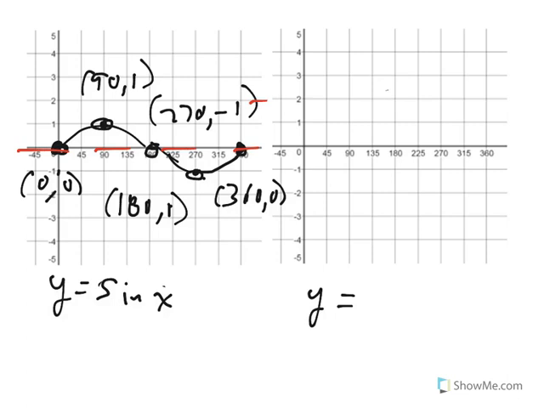And if it was sine x minus 2, the whole midline would move down by 2, and everything would go down along with it, so the peak would no longer be at 90, 1, but at 90, negative 1, and we'd have 270, negative 3, and 180, negative 2.